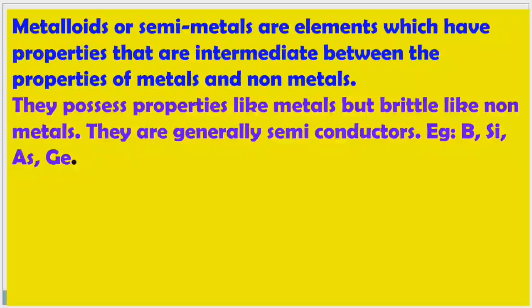They are generally semiconductors: not good conductors, not bad conductors. Examples of metalloids are boron, silicon, arsenic, germanium.